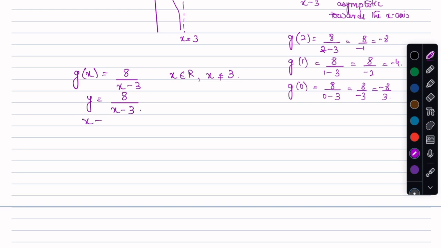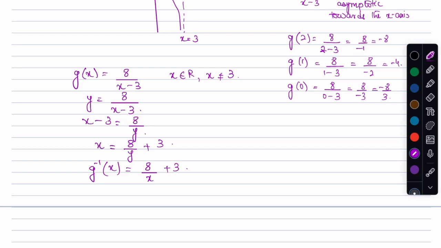I can just cross multiply and say x minus 3 equals 8 divided by y, or x equals 8 divided by y plus 3. In other words, flipping x and y, interchanging both, g inverse x is equal to 8 divided by x plus 3.